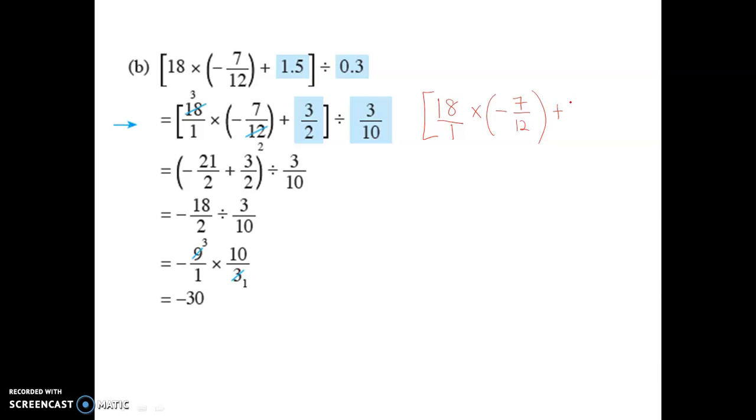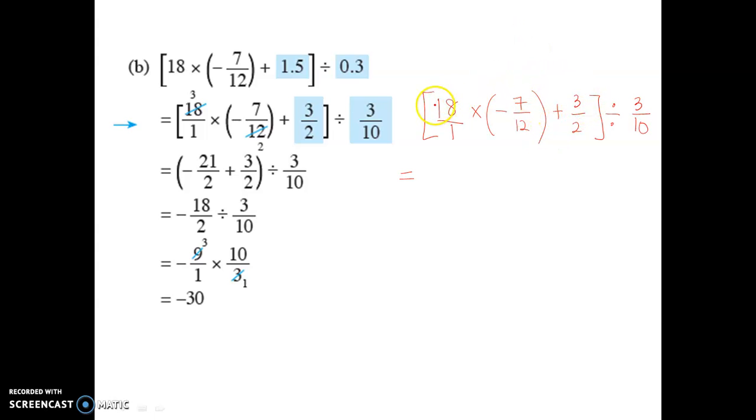If you convert into a fraction, it will become 3 over 2. If you are not sure, you can use your calculator to check. 0.3 will become 3 over 10. After you convert everything into the form of a fraction, then you follow BODMAS rule.